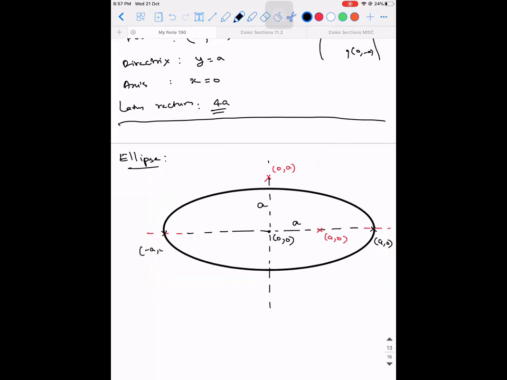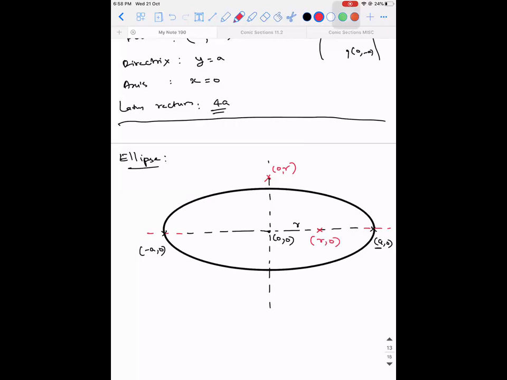This point will be minus a comma 0, where this a and this a are not the same. Initially, whatever I've considered, I'll call it as radius r. If I call it as r, then what would have been the initial coordinates? 0 comma r, and this point will be r comma 0.